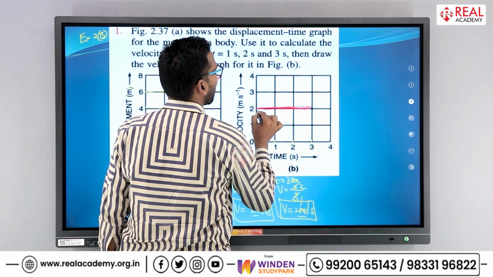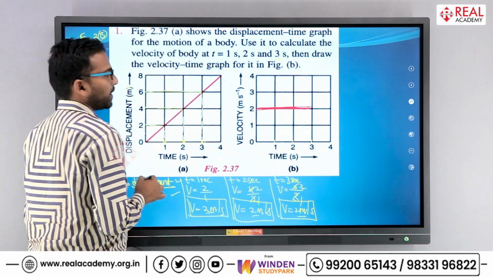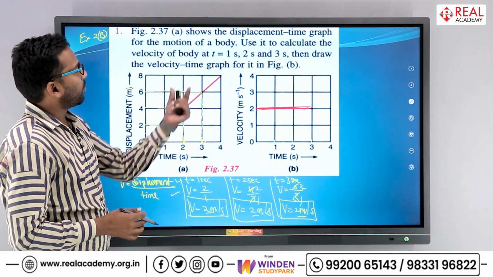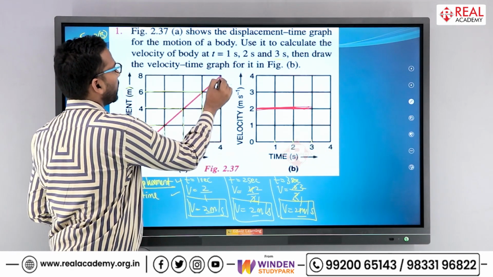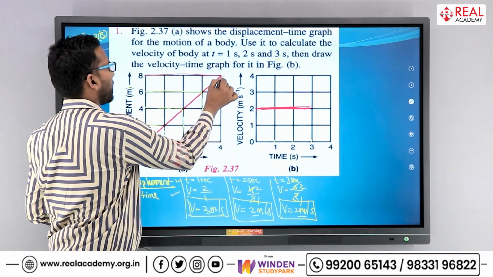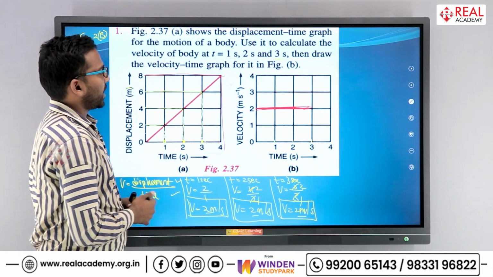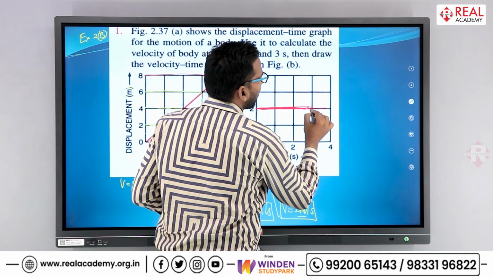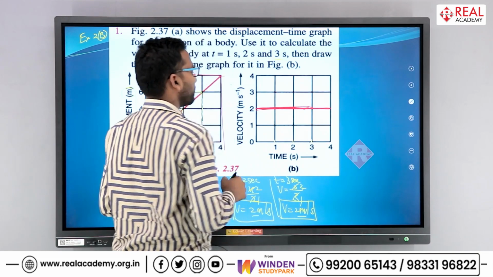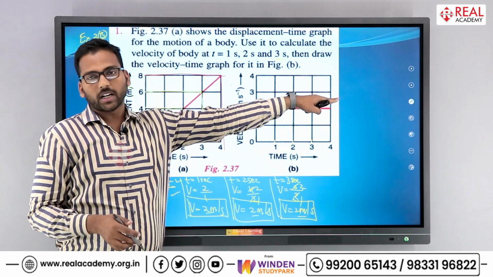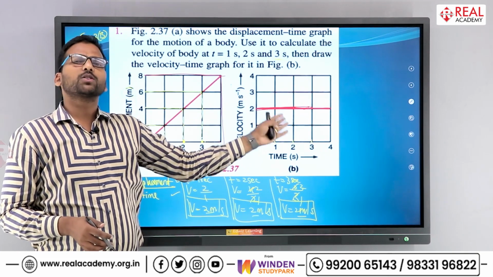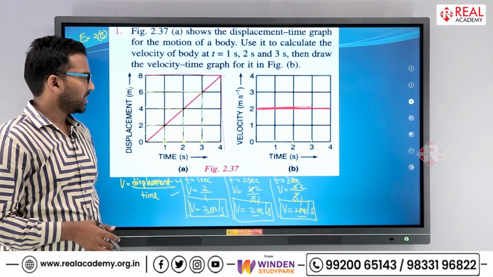Here is the graph for 1 second, 2 seconds and 3 seconds. If we go to 4 seconds also, the displacement is 8 meters, so 8 by 4 is again 2. Then it goes like this, a constant line. The graph for velocity with respect to time is a constant graph. That means velocity is not changing at all.